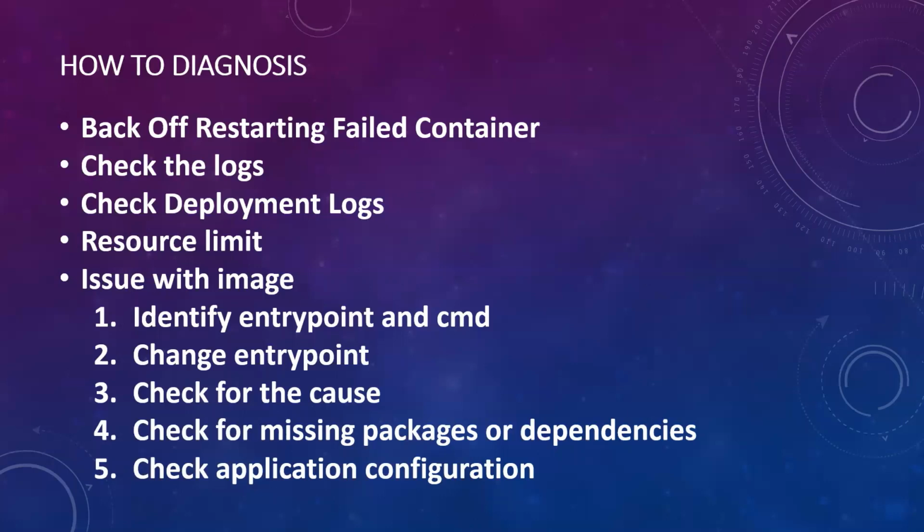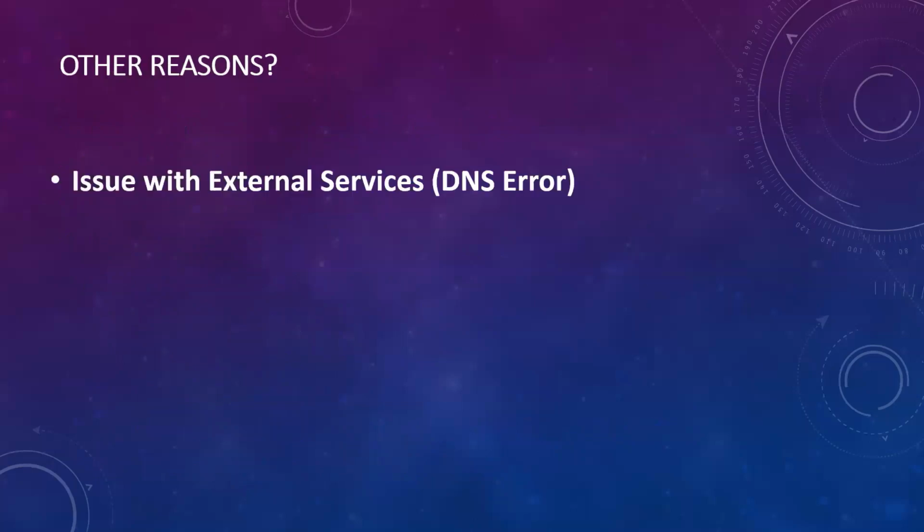Okay, so all this is in our hands and we can do everything. But what if something is coming from externally, right? One case is external reasons, where external services are not found. As I said, it may happen when the application is not able to reach them. This could happen due to your kube-dns.